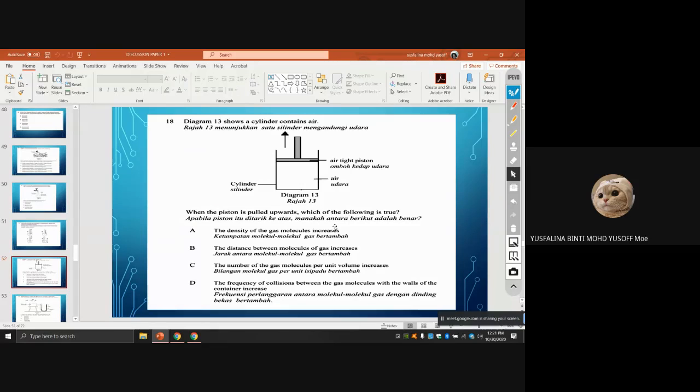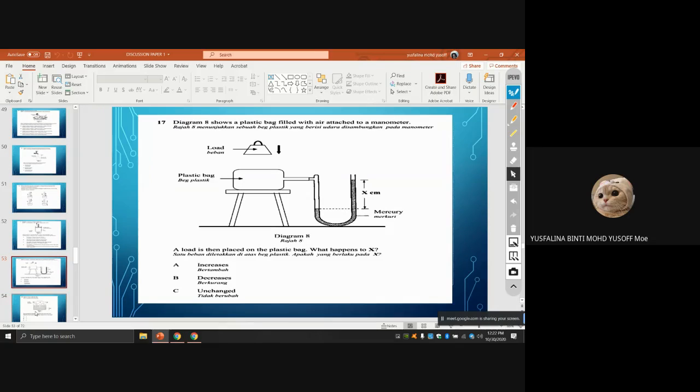When the piston is pulled upward, which of the following is true? A, the density of the gas molecules increases. B, the distance between molecules of gas increases. Of course the answer is B. Number 18, the answer is B, boy.